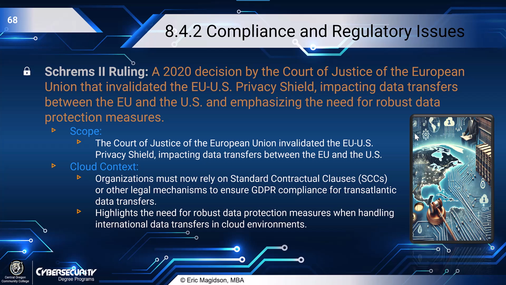So, suddenly we have to do more. We have more compliance that we have to put into place. So organizations must now rely on standard contractual clauses or other legal mechanisms to ensure that GDPR compliance for transatlantic data transfers is happening.